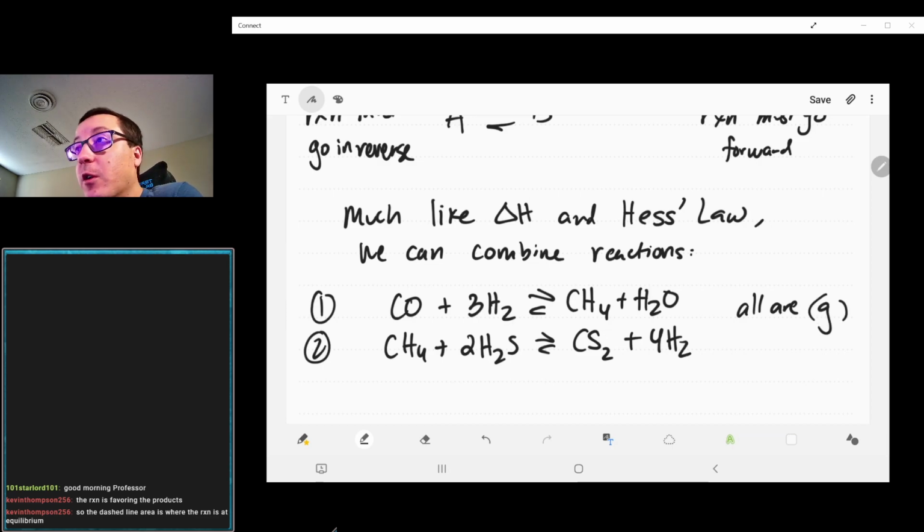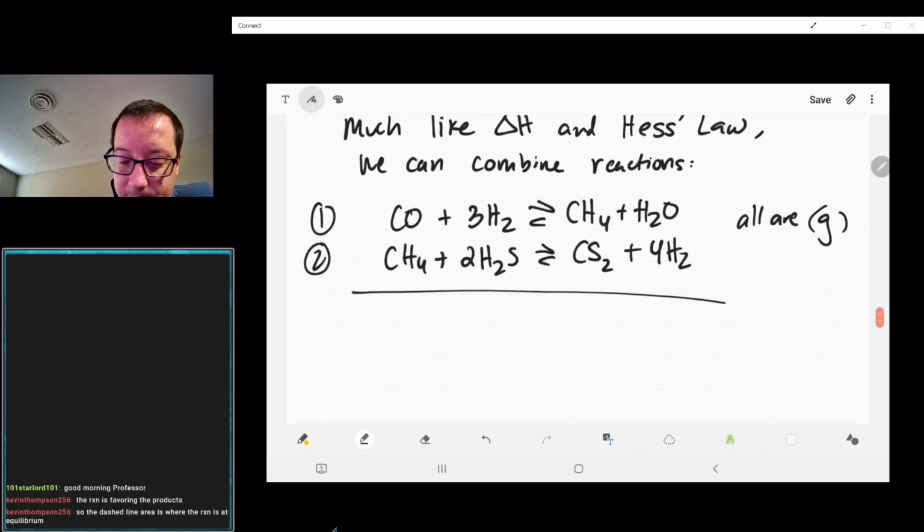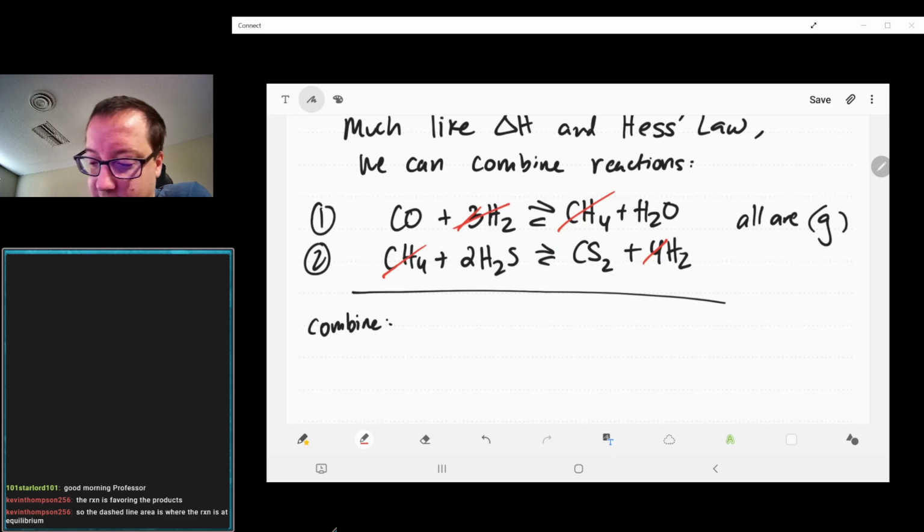I just don't want to write them all out. So, if we were to combine these reactions, we're going to see, what's going to cancel out here? Methane will cancel. 3 of our hydrogens will cancel out. So, in fact, all of that one's going to go away. The rest of the stuff will all stay here.